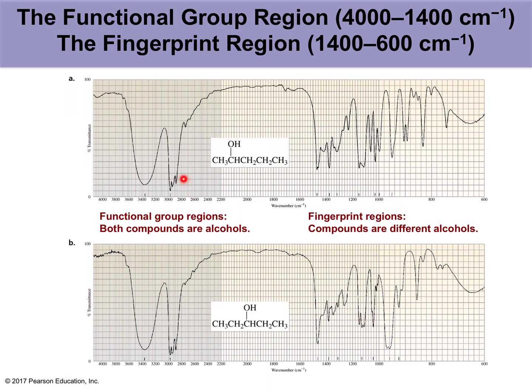Even though you know that you have an alcohol group, to figure out the exact molecule, you have to look up the literature IR for the fingerprint region of the known molecule. If they are equal, then we know for sure that is the compound that we are interested in. Okay, that's why we call that the fingerprint region. Just like your fingerprint, you are unique, you have your own identity with your fingerprint.